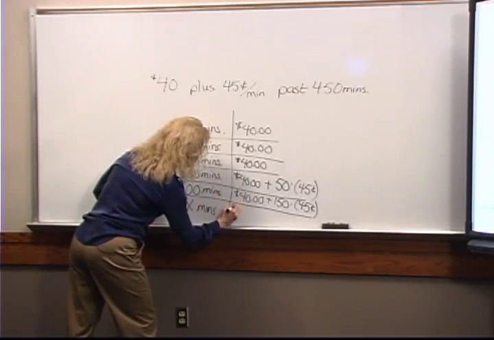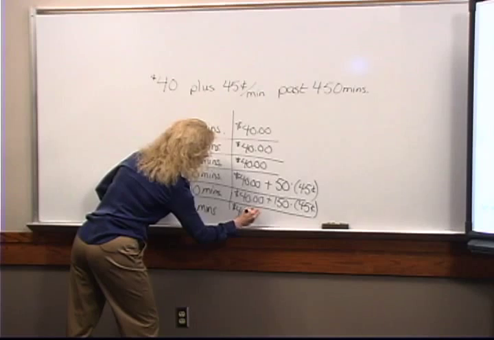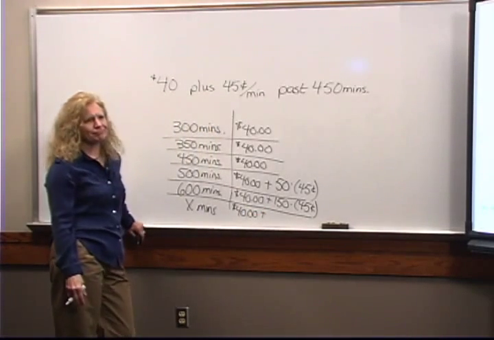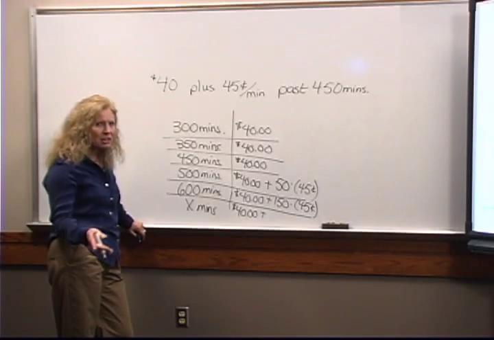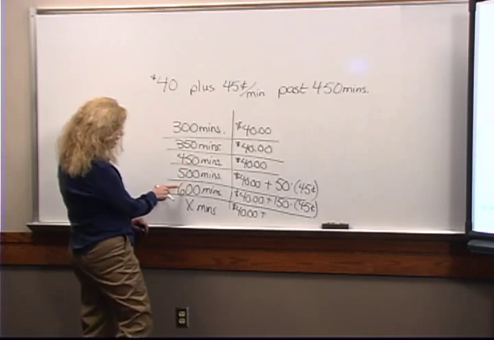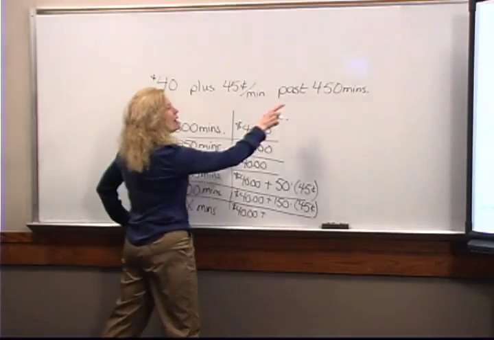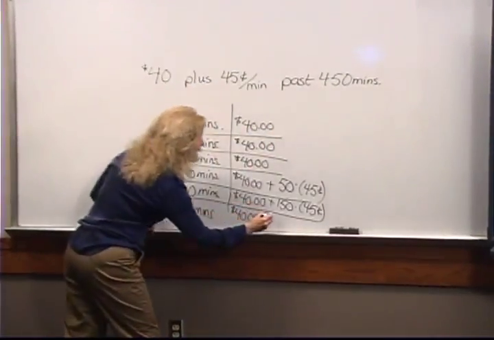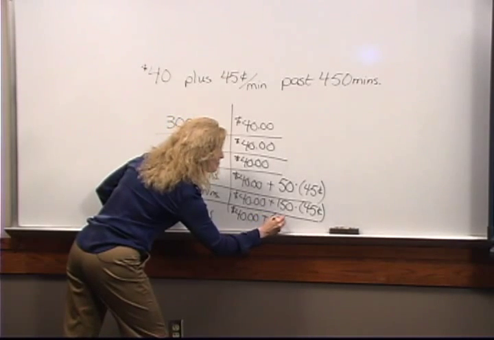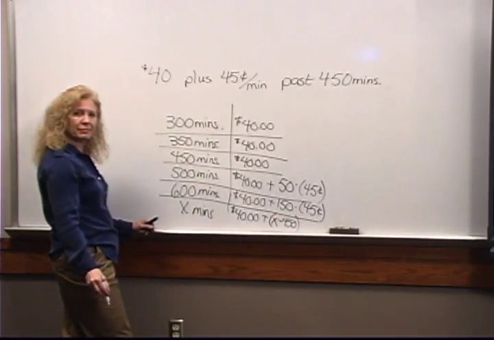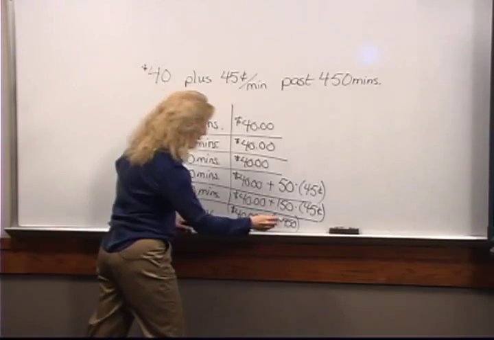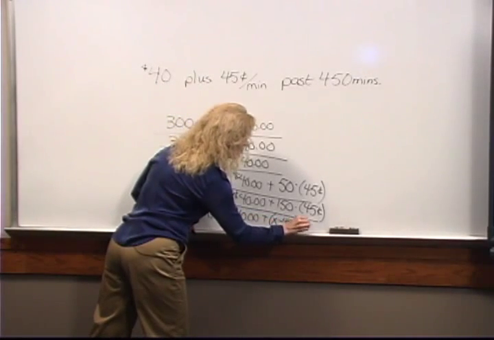We still have the $40 plus, now how do we get the 150? It's essentially the number of minutes minus the amount I'm allowed. So if I have x minutes, I have to write that x minus 450. And what do I do with that? Multiply it by 45 cents.